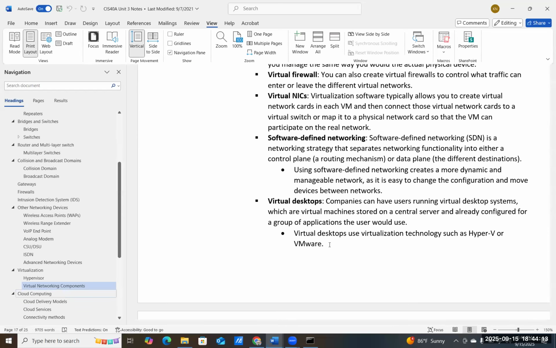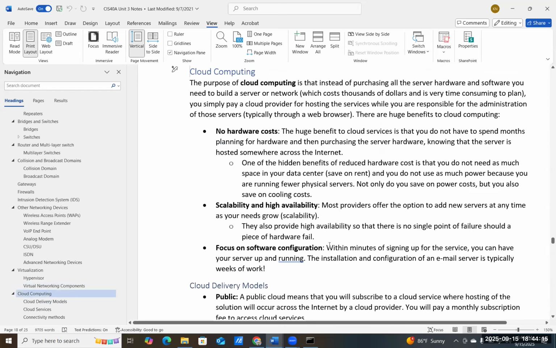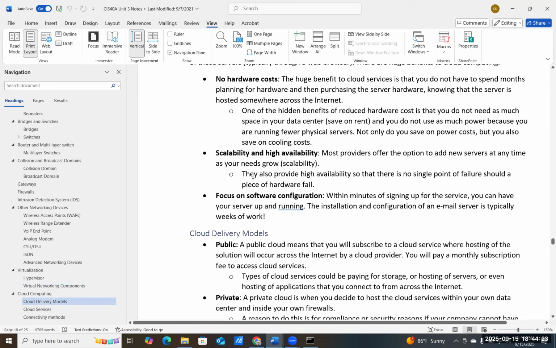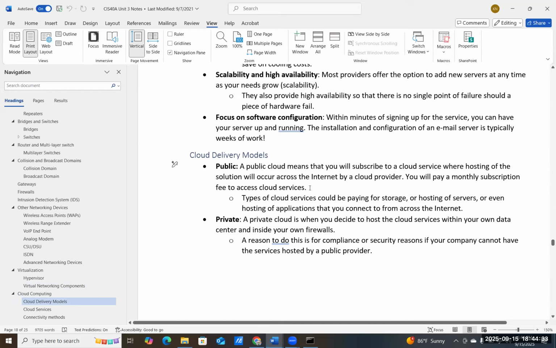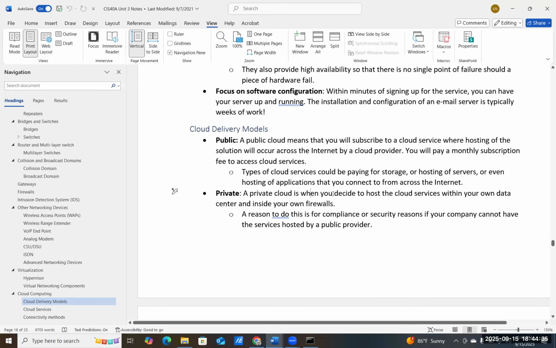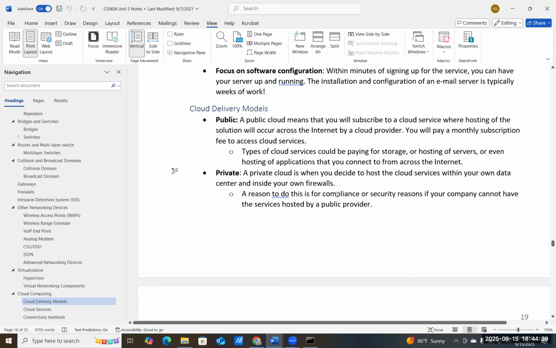All right, cloud computing. You hear this repeatedly across all books. You have different options for the cloud, different models. You have the public cloud, where you don't have to pay a monthly subscription, and you should be able to use, like, your Google Drive. Then you have a private cloud where you can actually pay, and sometimes you see this with business.